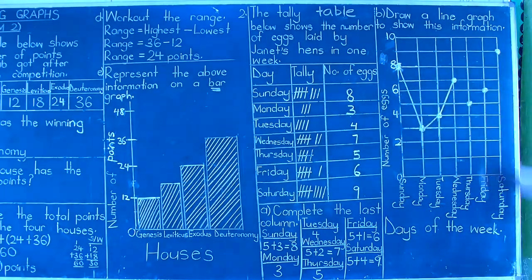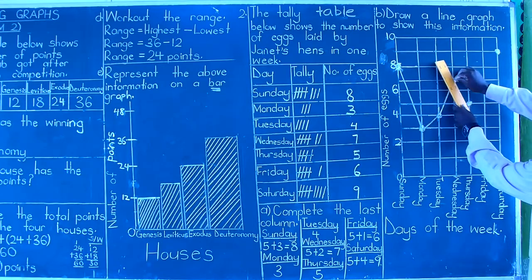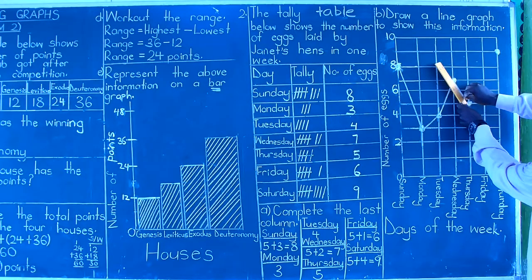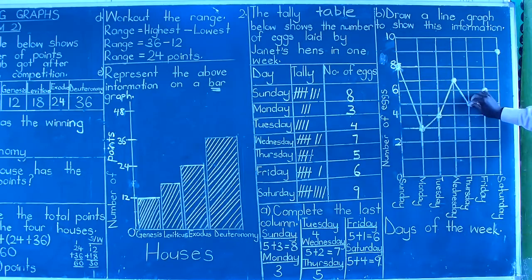He must have given them more feeds which have got nutrients. Then unfortunately, between Wednesday and Thursday, the laying of eggs dropped from 7 to 5, they lessened by 2. So that is what's called a graph.